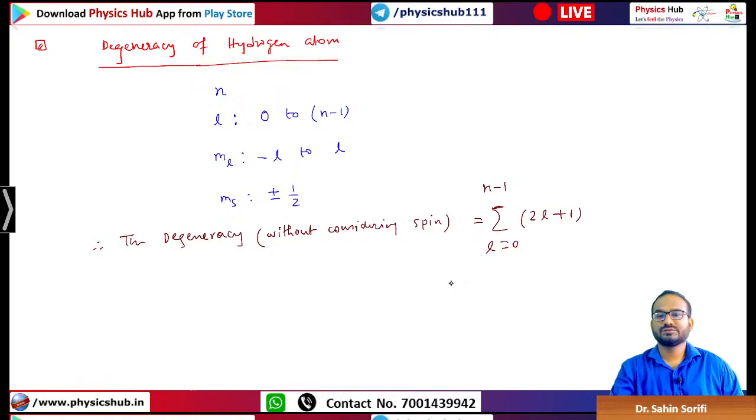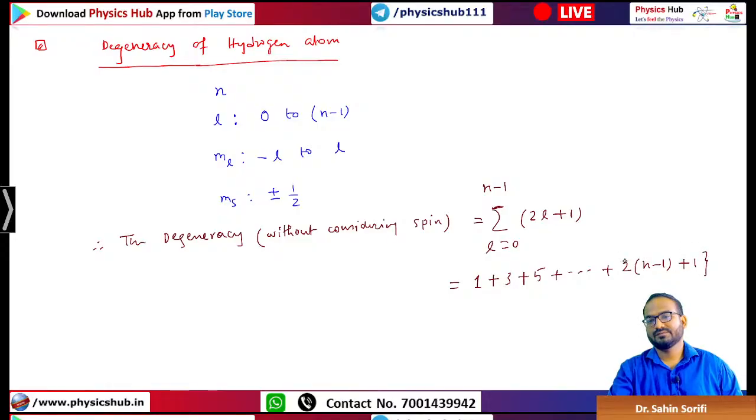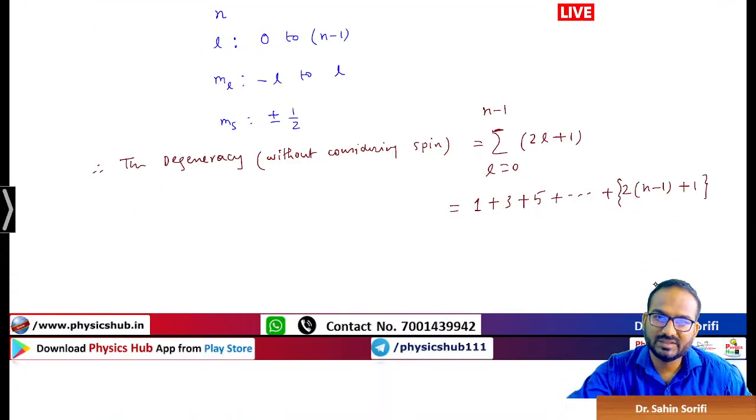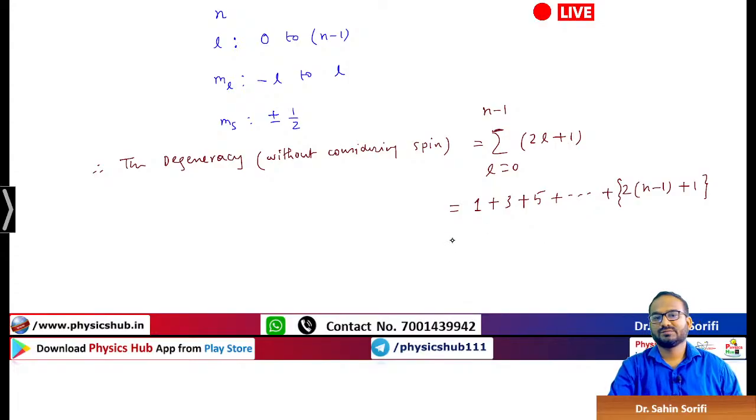So, if you put the values of l, you get 1 for l equals 0, then for l equals 1 you get 3, for l equals 2 you get 5, and so on up to n minus 1, where you get 2 times (n minus 1) plus 1. You will get this term. So, this is simply an arithmetic series, and this will give you n square.